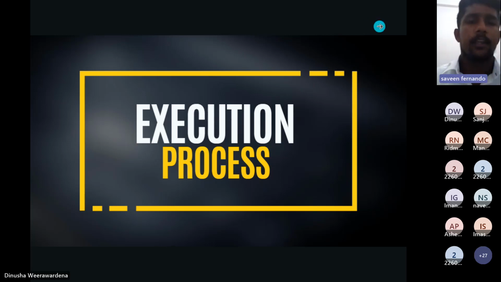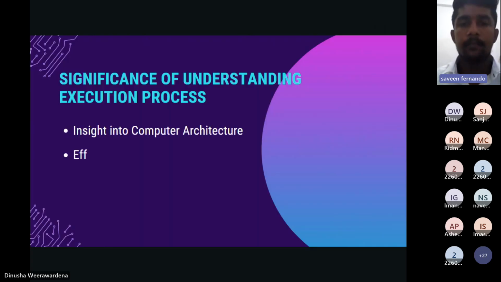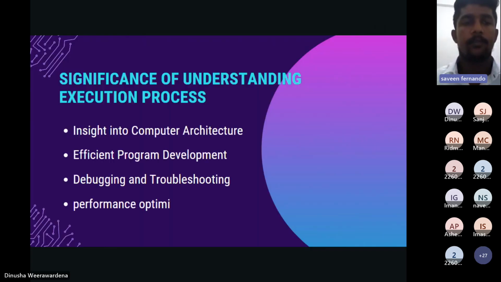All right, guys, if we move on to the next slide, we can see the significance of the execution process by a few points. Since these are very big topics, I'm going to just present the points to you quickly, and then you can do your own research on this afterwards.